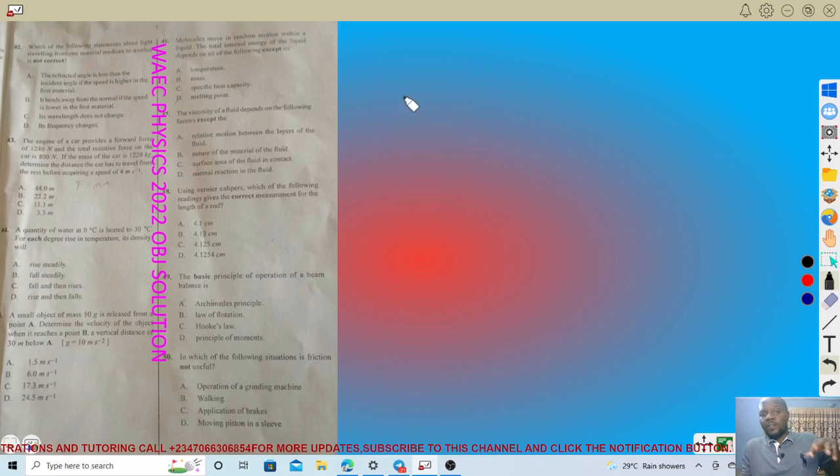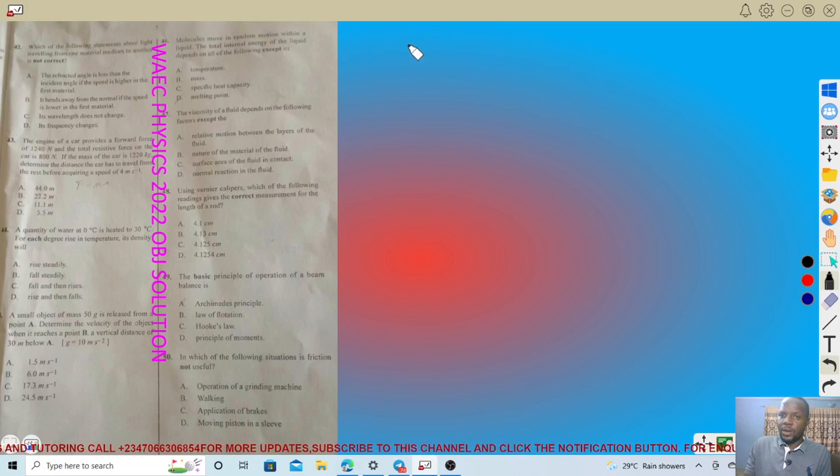When a ray of light travels from a less dense medium to a denser medium, you know that we have talked about that many times, it bends towards the normal. But if it travels from a denser medium to a less dense medium, it bends away from the normal. You understand? And that is the concept of total internal reflection.